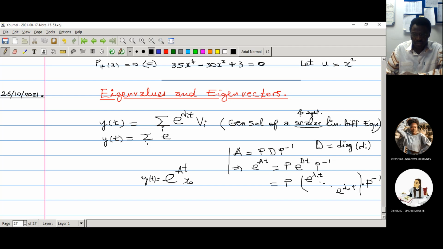When you expand this and multiply by a vector, you get something of this form. So it's not magic.